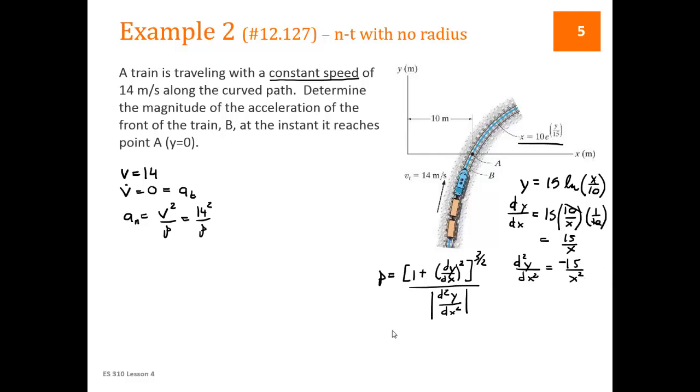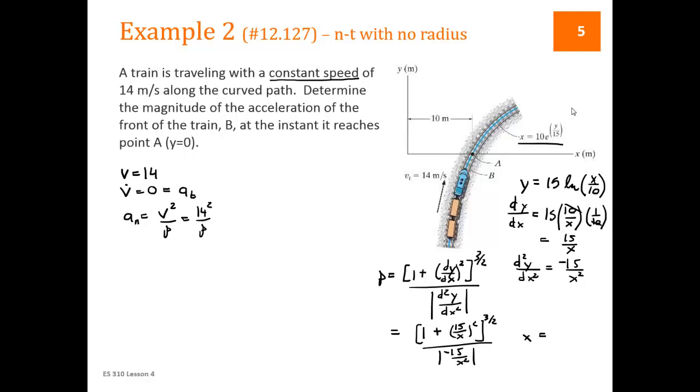So we plug those in down here. We get 1 plus 15 over x, squared, to the 3 halves, divided by the magnitude of negative 15 over x squared. Plug in x equal to, what does it say here? What is x at y equal to 0? That's the point we're interested in.